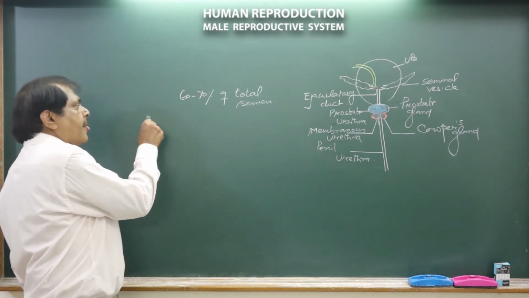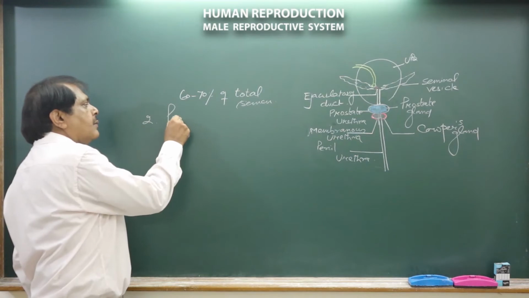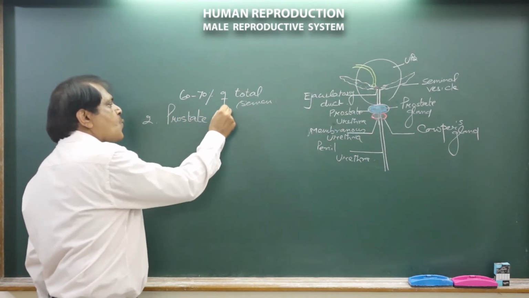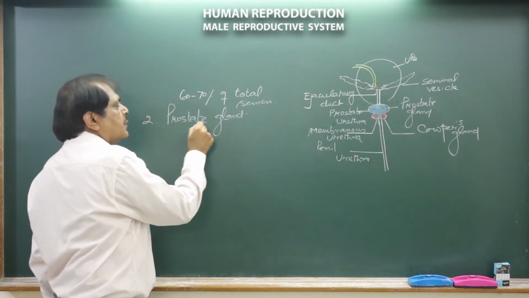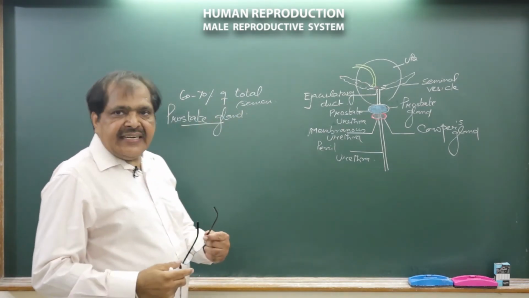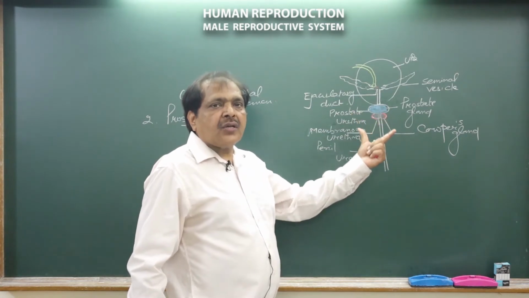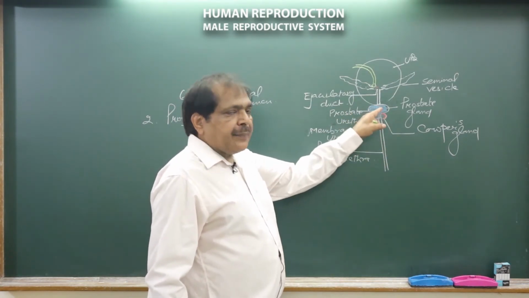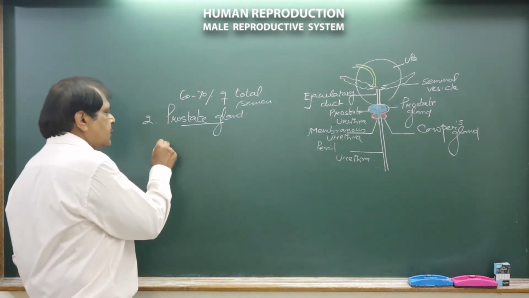Number two, we come to the prostate gland. You can see it in the diagram. That is one prostate gland, the largest gland present at the base of the urinary bladder.